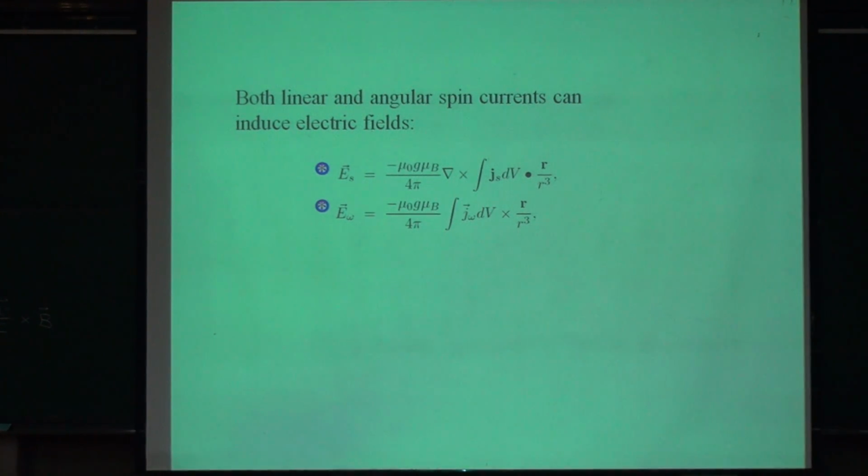The total electric field, the sum of these two, will satisfy the Maxwell equation. The expression is actually quite simple at the end. Many of the graduate students have probably taken the Jackson E&M class, and quite a few of the equations there are very similar to this expression.